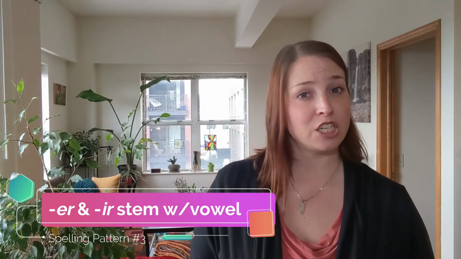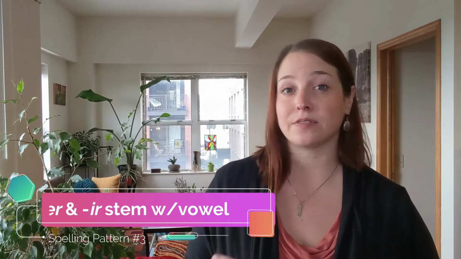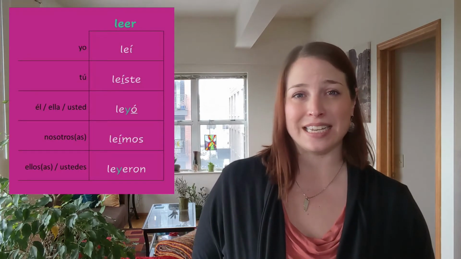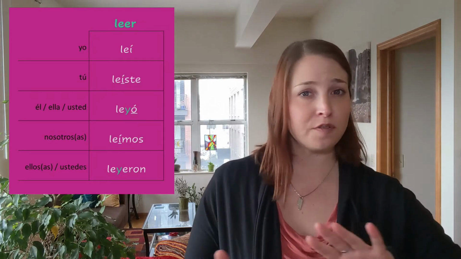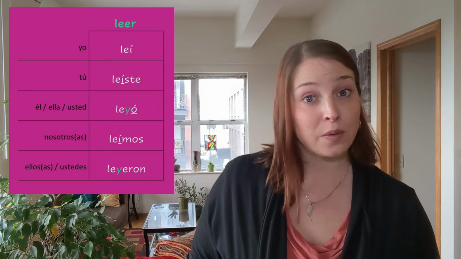The last set of spelling changes that we're going to take a look at is the change that happens to ER and IR verbs whose stem ends in a vowel. To demonstrate this change, let's take a look at the verb leer. Leer is an ER verb. If we took off the ER ending, the stem would end in an E, and that's a vowel.